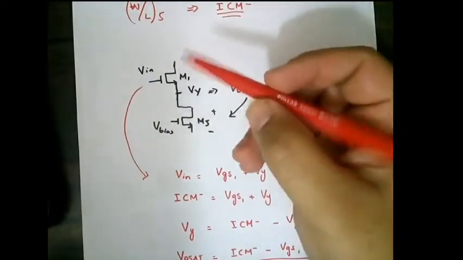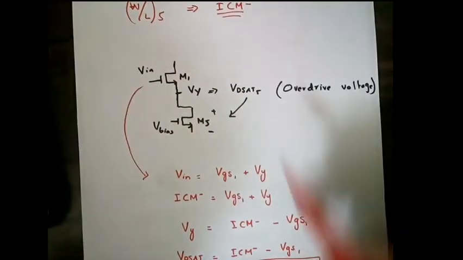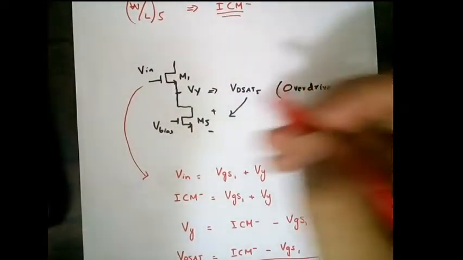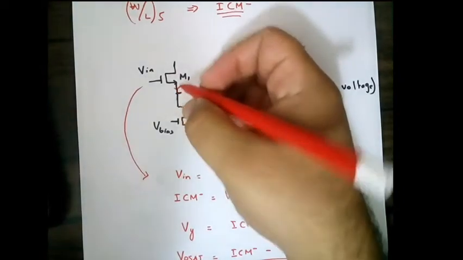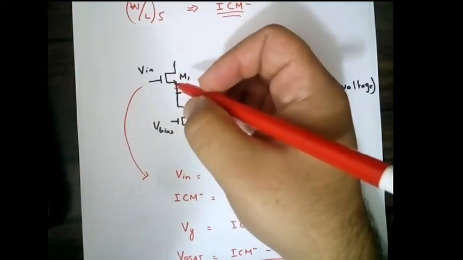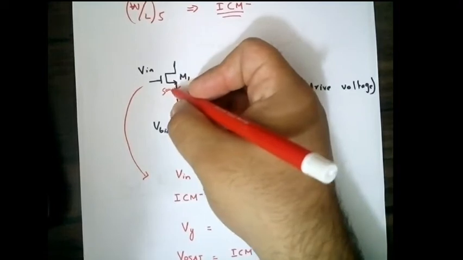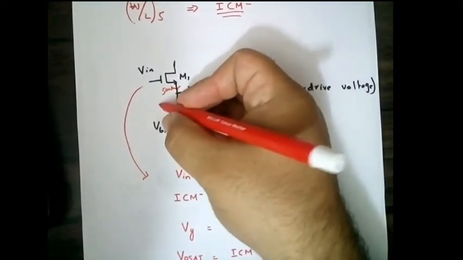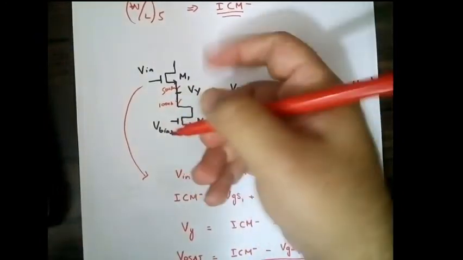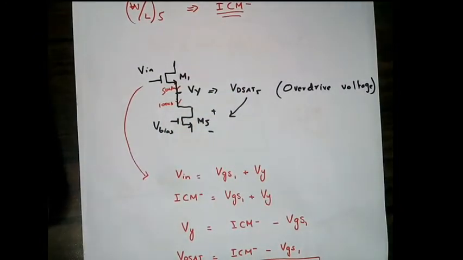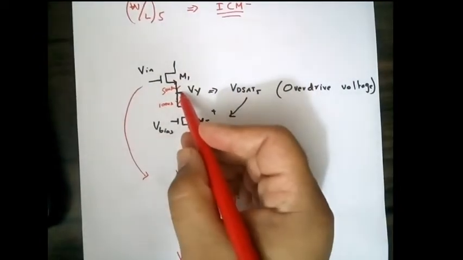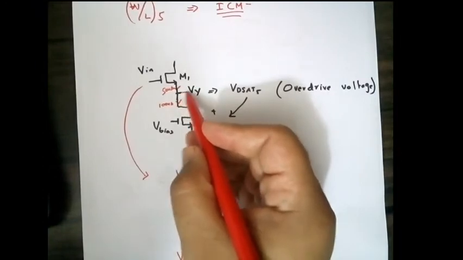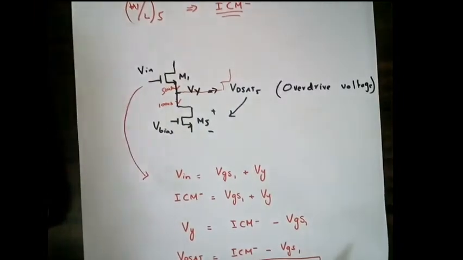Let's draw again the transistor model for the single end. Just to clarify, this is M1, the current flowing through this node is going to be 50 microamps, but this is M5 and the current moving through it is 100 microamps. It's because there's another branch, which I am not drawing here because we don't need it at this moment.